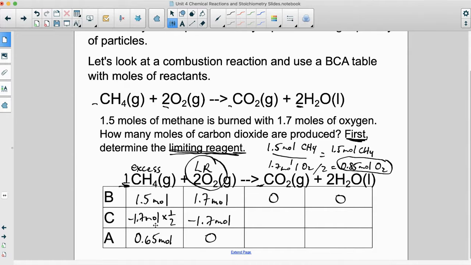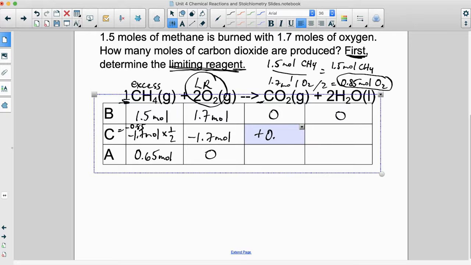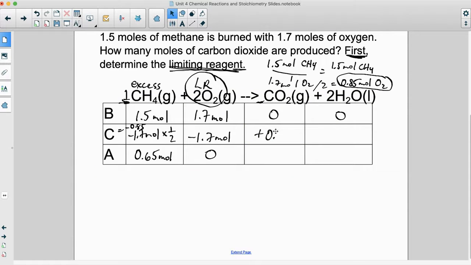So this is minus 0.85, and here, this is going to be plus 0.85 moles, right? Our coefficient for CO2 is the same as the coefficient for CH4. It's plus 0.85 moles.